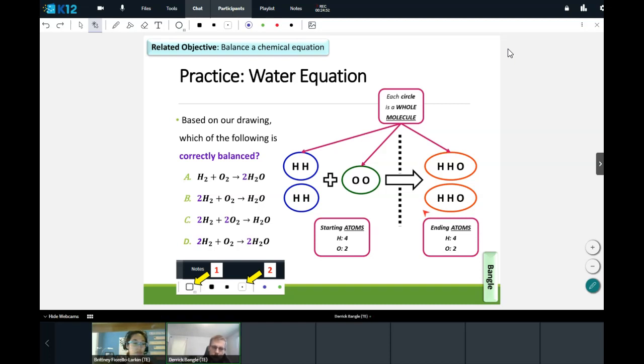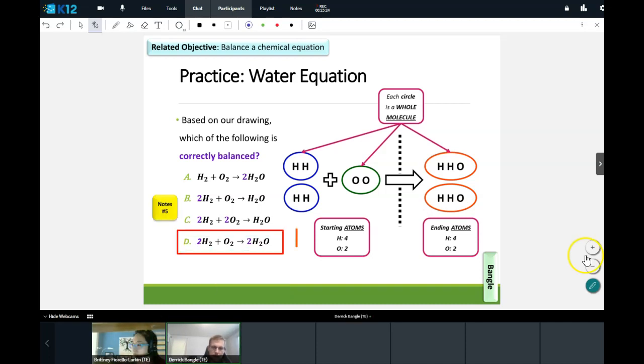I'm counting 1 and 2 right there, and go ahead and just confirm that yes, this is the correct answer. The 2 going in front of the H2 and in front of the H2O. Go ahead, mark this down for number 5 in your notes. All right, I believe it's option D is the correct one. And raise your hands when you're ready to move forward.